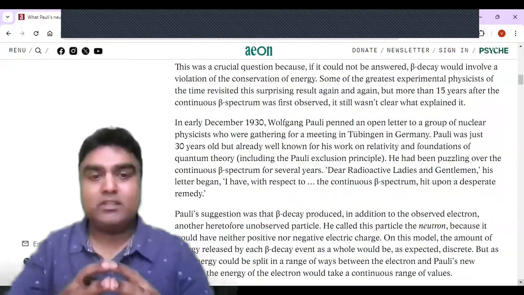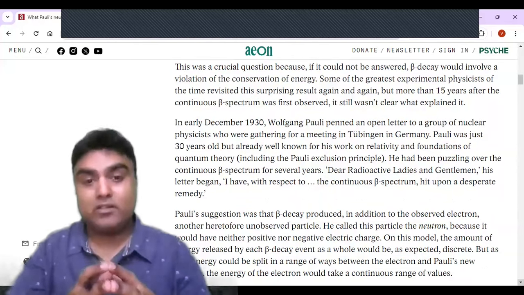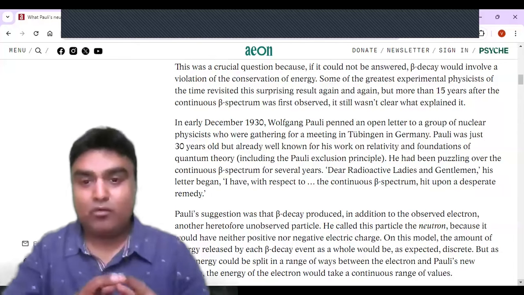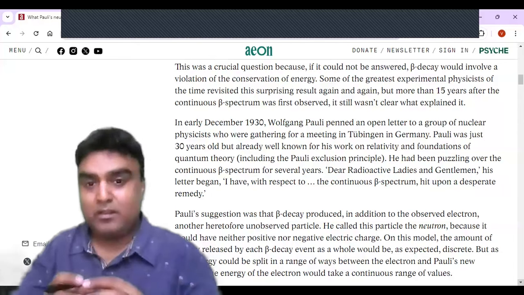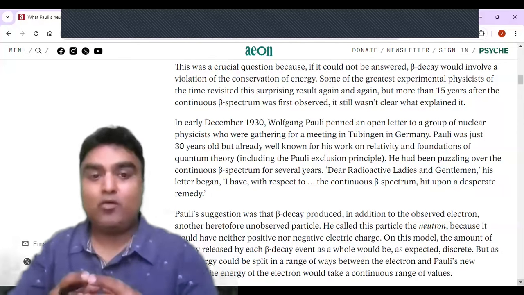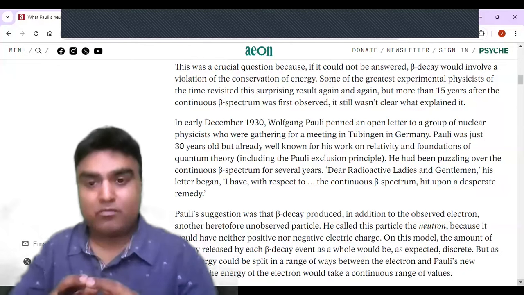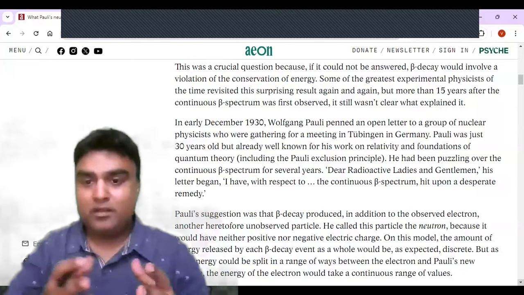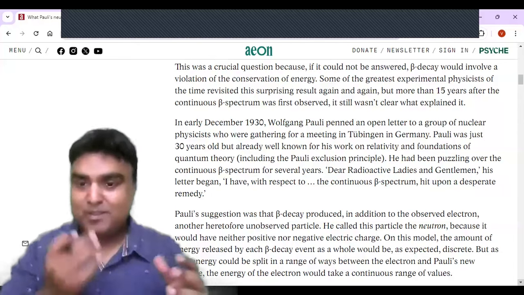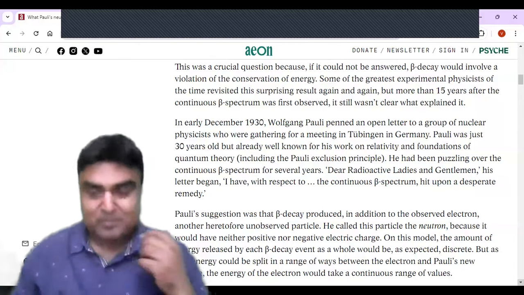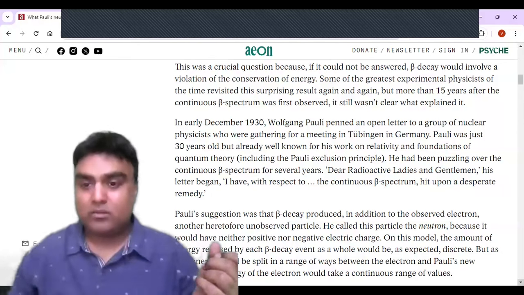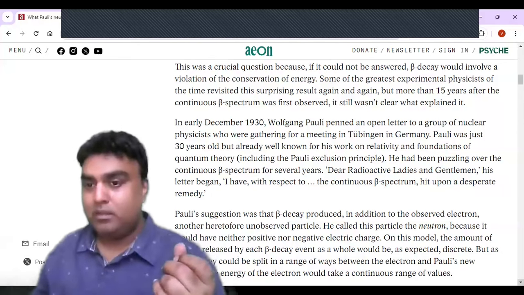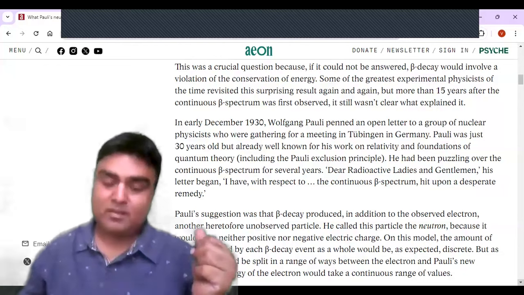So Pauli was just 30 years old, but already well known for his work on relativity and the foundations of quantum theory, including the Pauli exclusion principle. He had been puzzling over a continuous beta spectrum for several years. So he wrote, "Dear radioactive ladies and gentlemen." His letter began, "I have hit upon a desperate remedy with respect to the continuous beta spectrum."